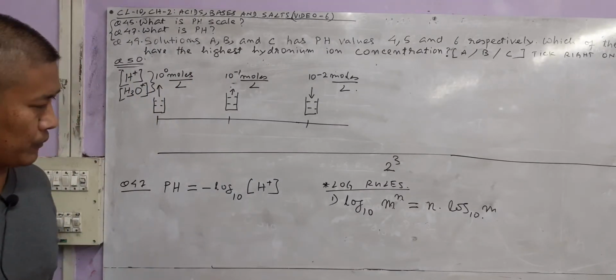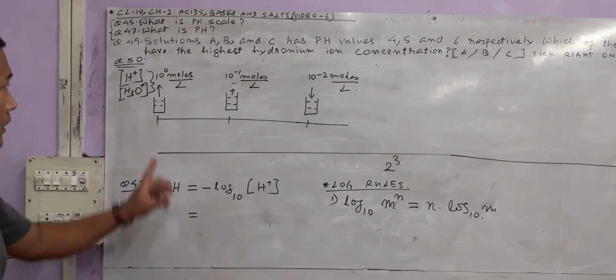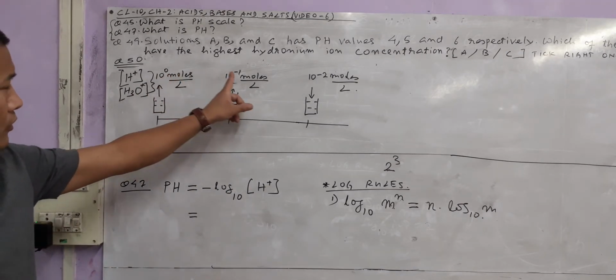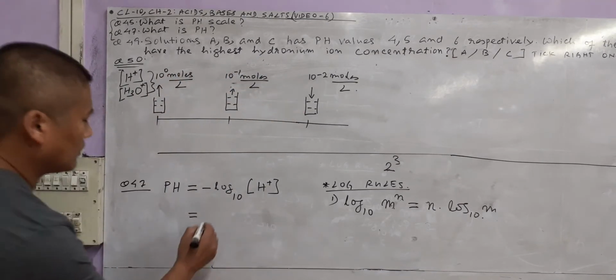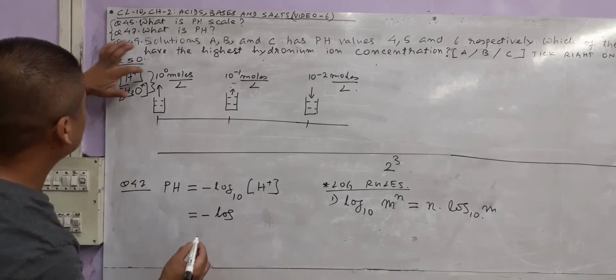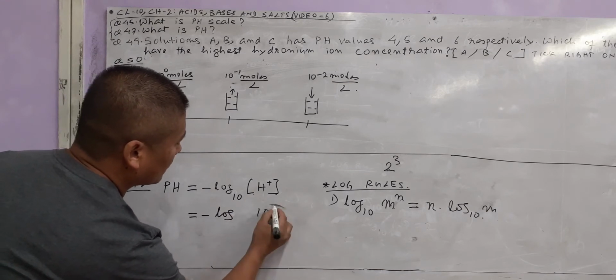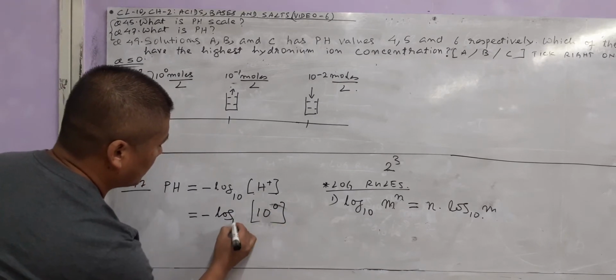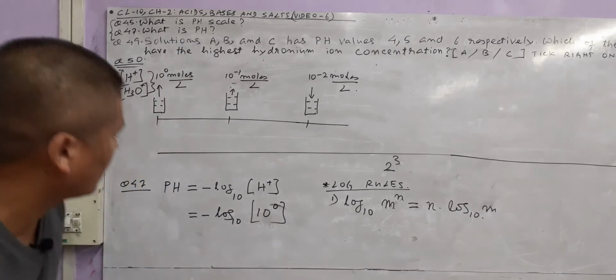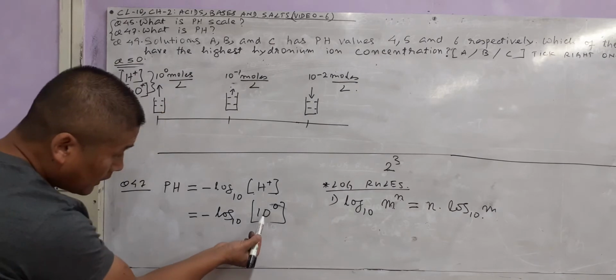So let us apply a situation to understand that. Now here, you can take any one of these, 10 to the power 0, minus 1 or minus 2. Let us take the first one, minus log, and hydrogen ion concentration here is 10 to the power 0. So I'll just put here 10 to the power 0, and the base is 10. So just let us keep it like that. Now let us apply this rule here. M to the power n means here 10 to the power 0.